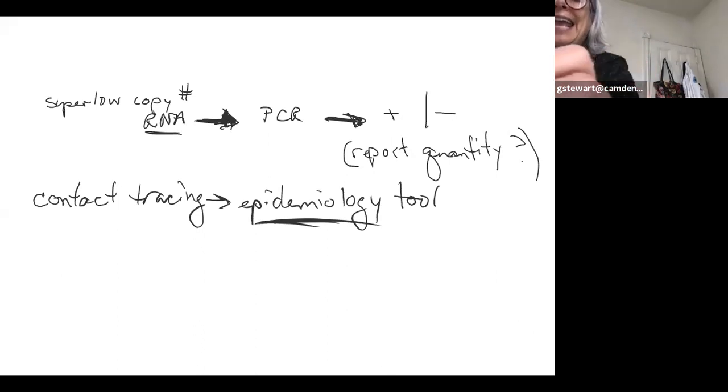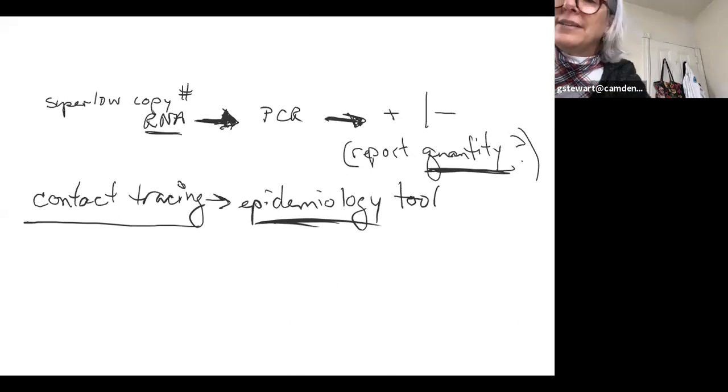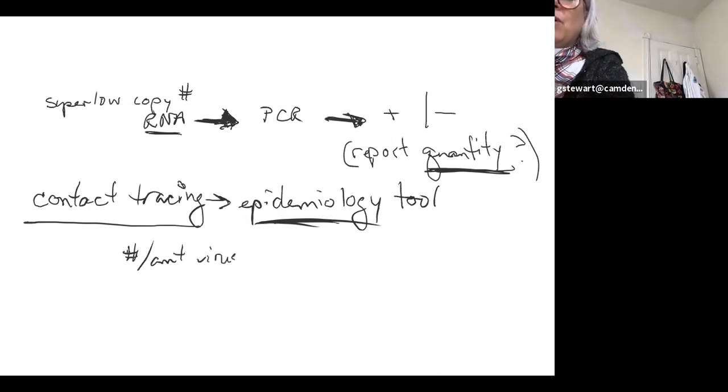Now, like I said, people at the CDC and other scientists are linking the contact tracing to these quantities of virus present by PCR. And that is helping us figure out, right, is there a number or an amount of virus that would cause someone to be asymptomatic predominantly versus symptomatic, right?